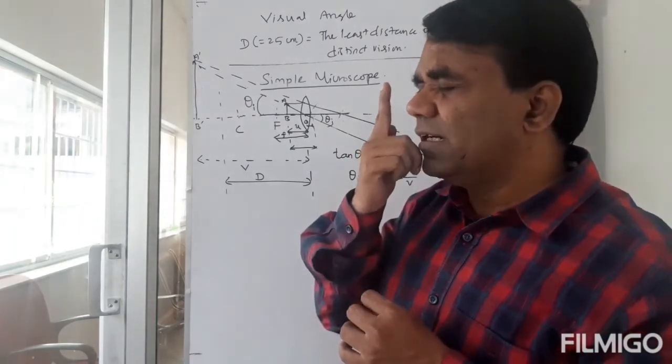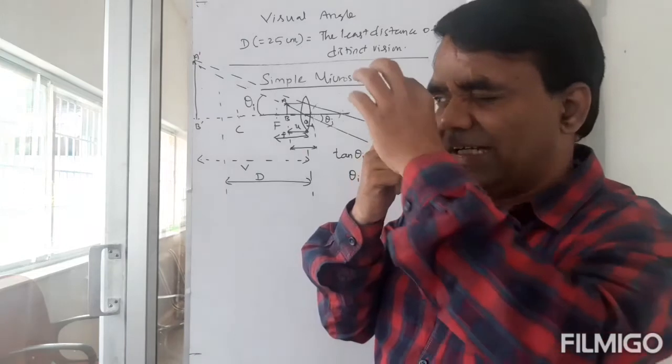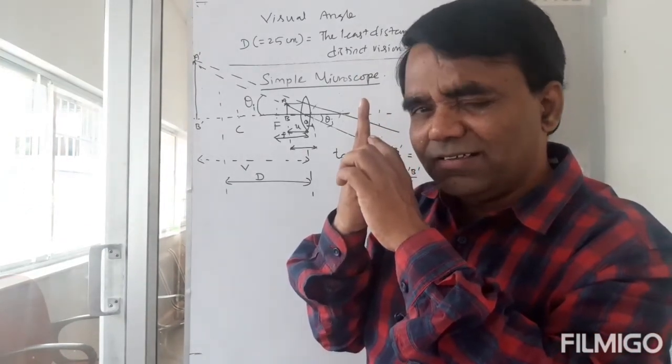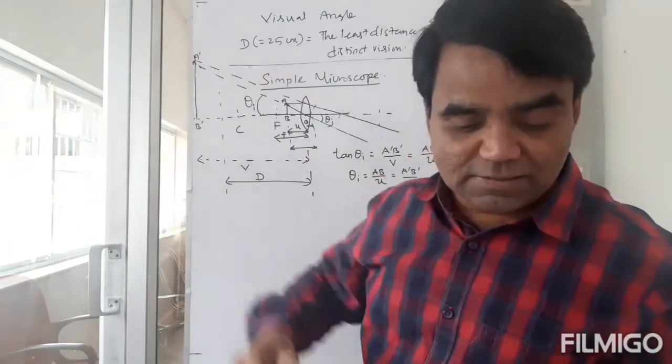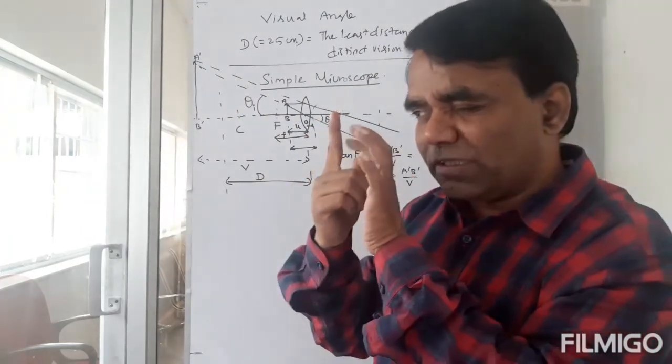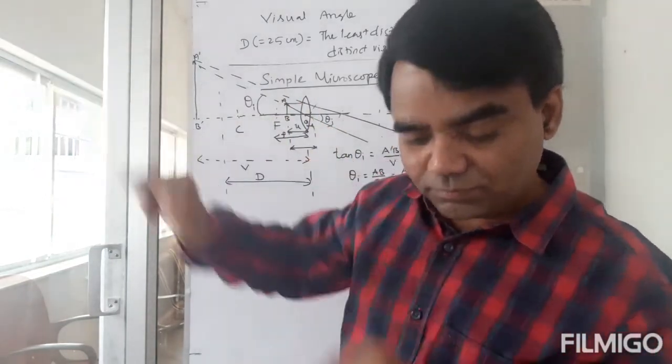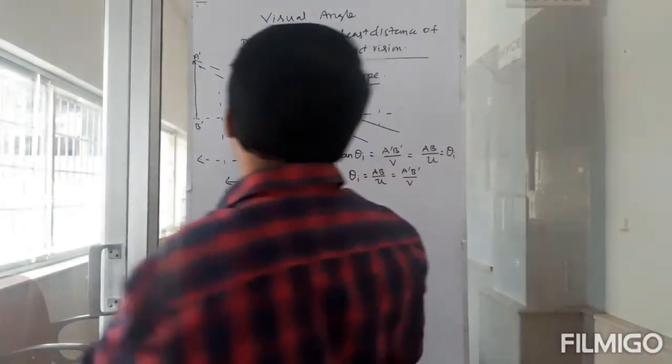So now you notice I have the best of both worlds. I have a bigger angle because I kept it here, and I have the clarity of vision because I am not looking at this now, I am looking at its image. That's exactly what's happening here.